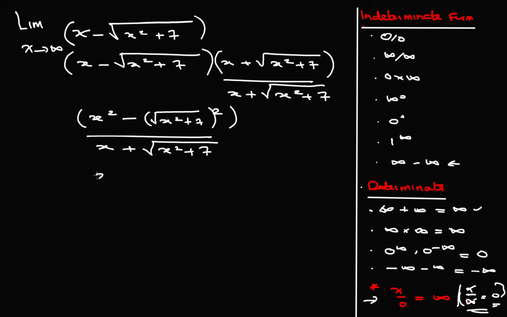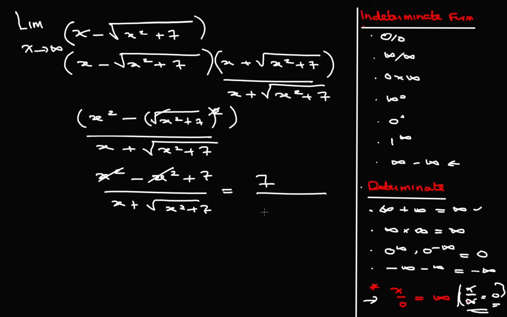What is the next thing that we do? x squared minus this one, and the radical sign, they cancel out. So we have x squared plus 7. What about here? We maintain plus root of x squared plus 7. So what will happen here? This one and that one go. So the final form of this one becomes 7 over x plus root of x squared plus 7.